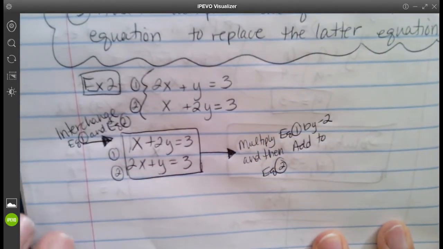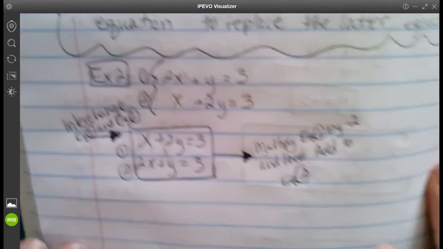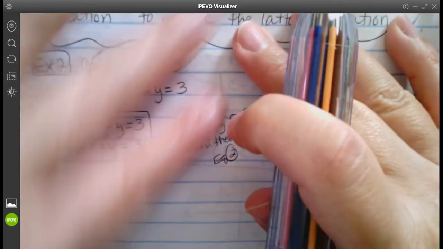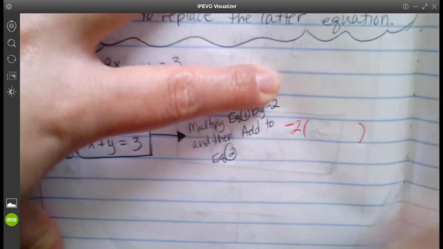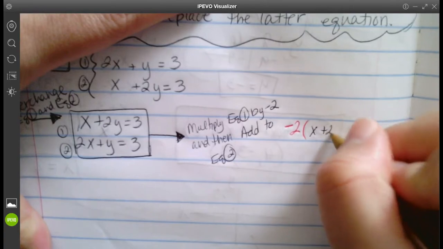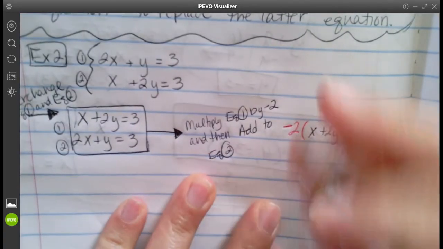So here's that operation. Let me use a different color for this part because, like I said, this is where it gets a little bit tricky. So I'm going to multiply negative 2 times that top equation, so times x plus 2y equals 3.